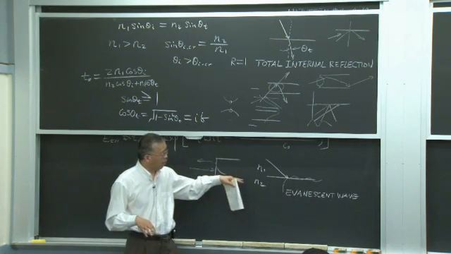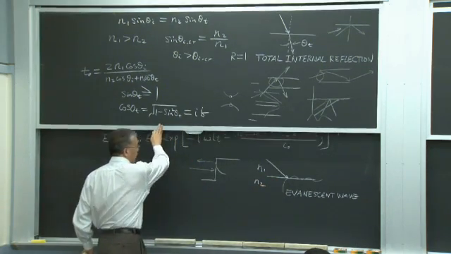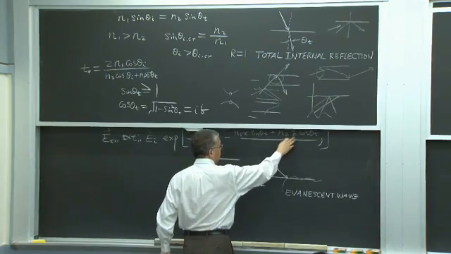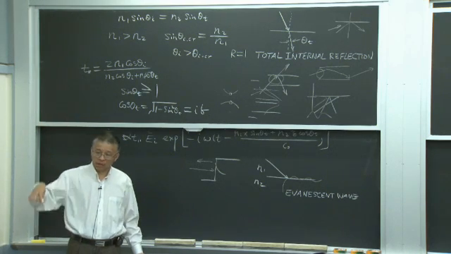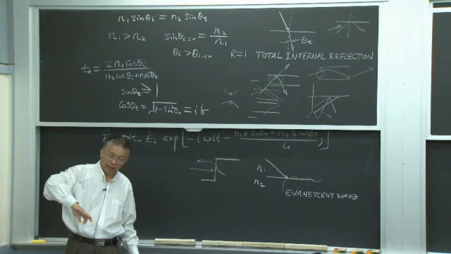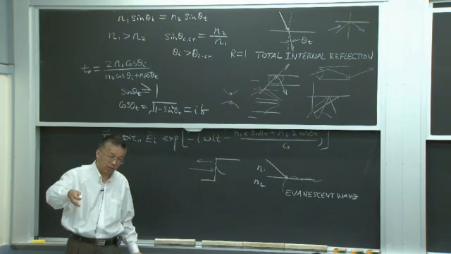Okay? And how fast it decays, you have to check. Here, essentially, it is of the order of wavelengths. So that decay is of the order of wavelengths. And then we said that, okay, for a matter wave, the wavelength may be a few angstroms.